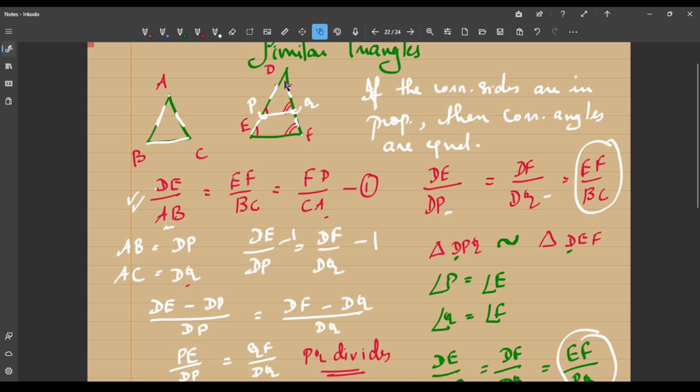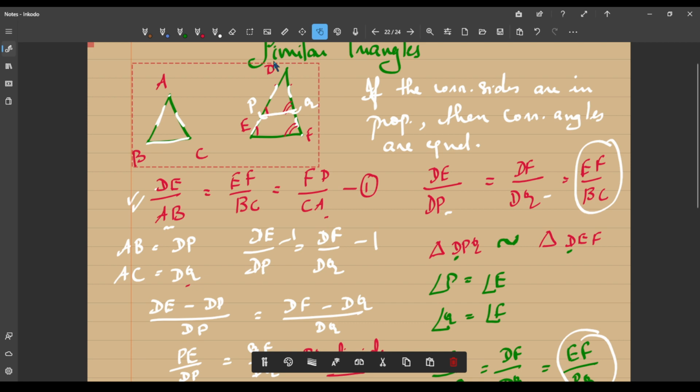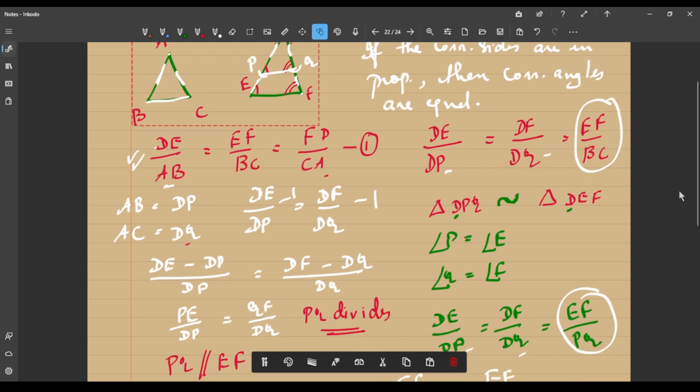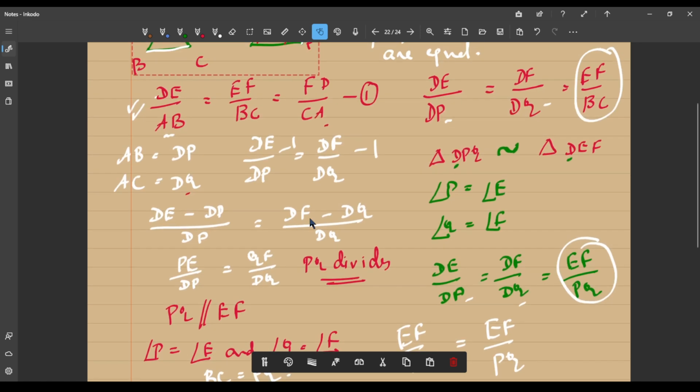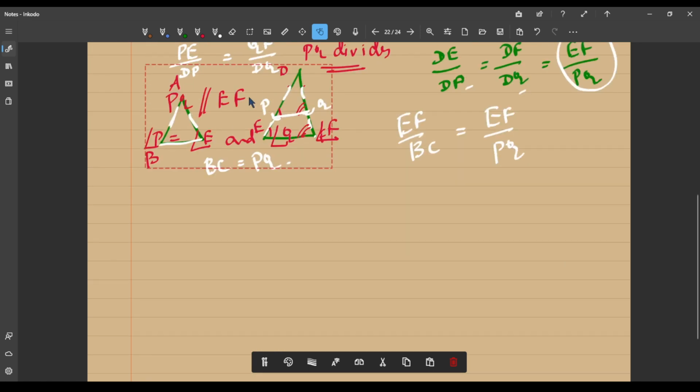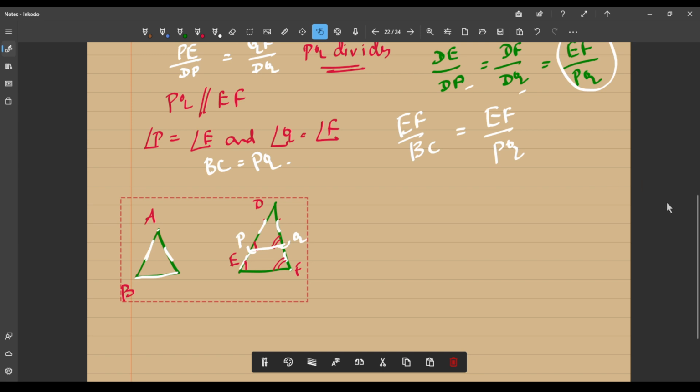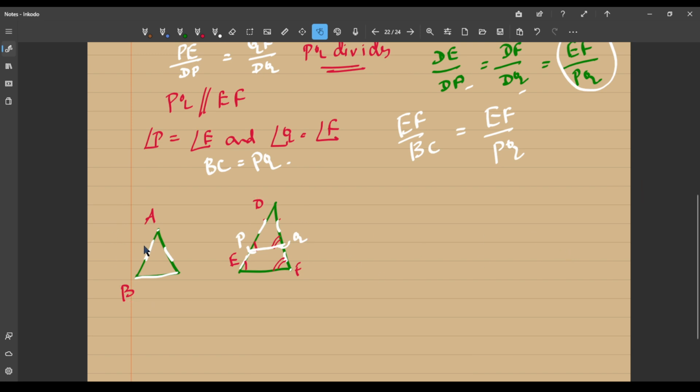Just tick it down so that we can write near that. Anyway, we'll have to go up and down. So we have these three sides equal. AB and DP.